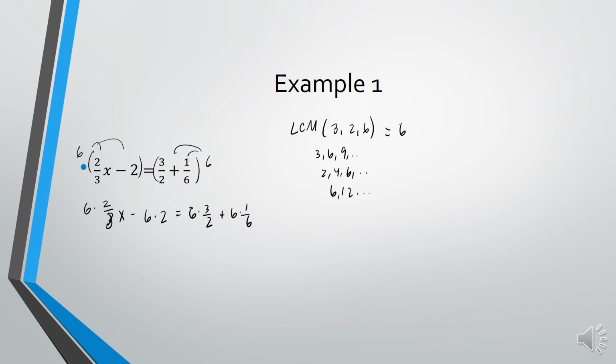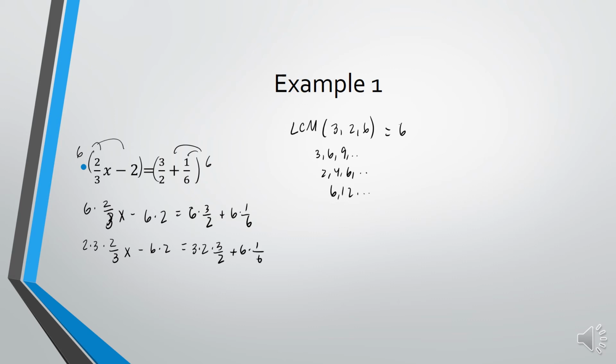So that's why we're multiplying everything by 6. For my first piece, I'm dividing by 3 on the bottom, so I'll write 6 as 2 times 3. I still have my 6 times 2. Deal with that in a second. Next, I'm dividing by 2, so I'll rewrite this 6 as 3 times 2. And then we're going to leave this one alone.